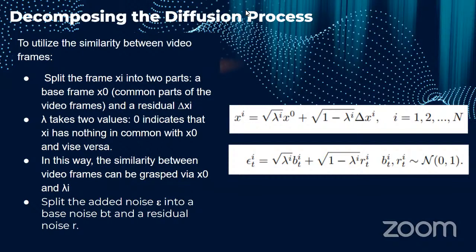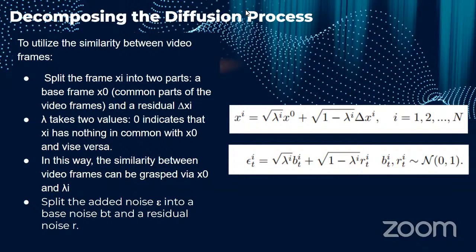We have another variable called lambda, which is multiplied by x_0, and this lambda has two values: either 1 or 0. If lambda equals 0, then x_i has nothing in common with x_0, and vice versa. The next step is that they split the added noise into two parts, the base noise and the residual noise, in the second equation.